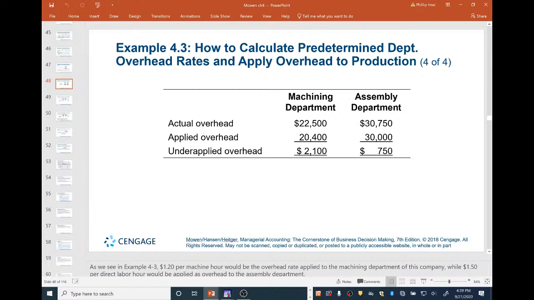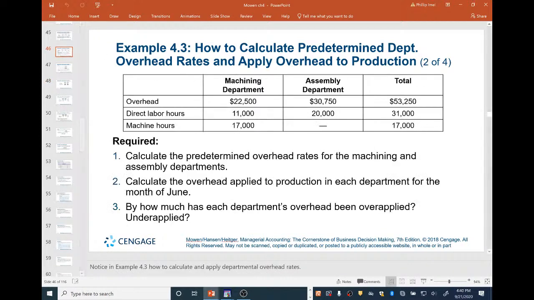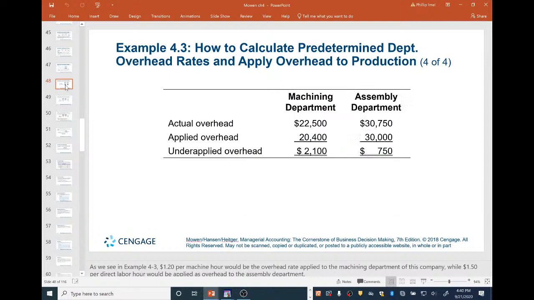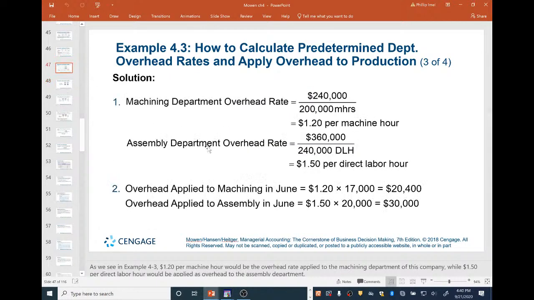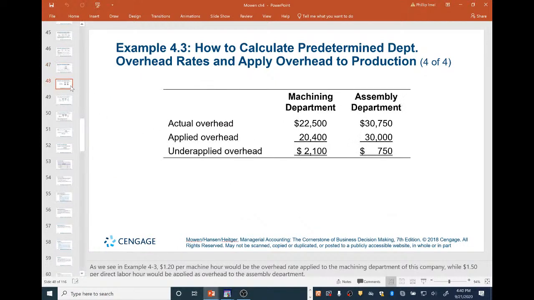So we can see here the actual overhead versus the applied between the machining department and the assembly department. The actual was given to us right here. And the applied, we found that, based upon the rates multiplied by the activity right here. So obviously it's going to be an under applied overhead in this case because the actual overhead was more.